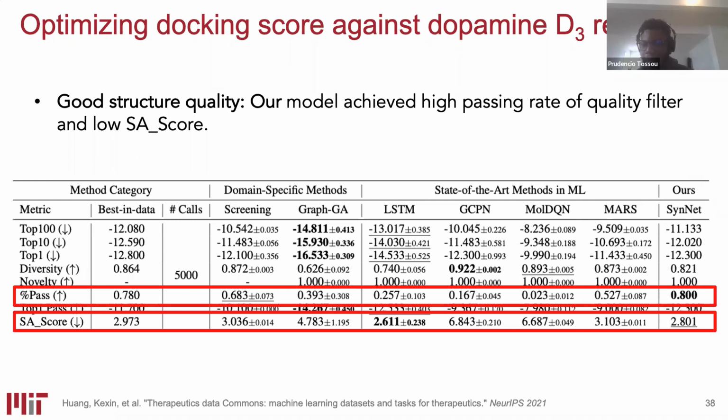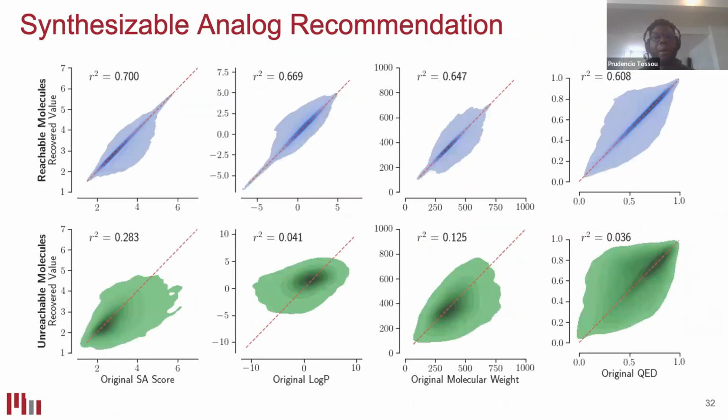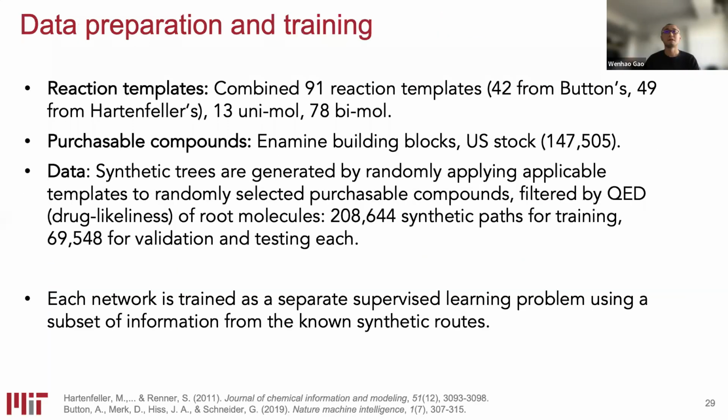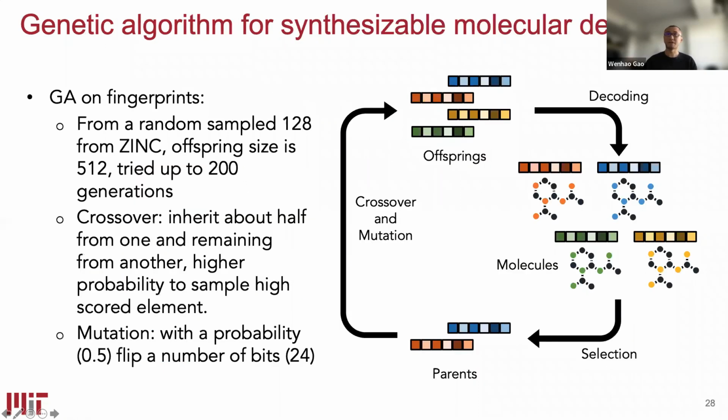Denise is asking, in which step of the generative model is the genetic algorithm applied? The generative model I constructed takes the target molecule as input and decodes it to a synthetic tree and a product, so I use it as a decoder.